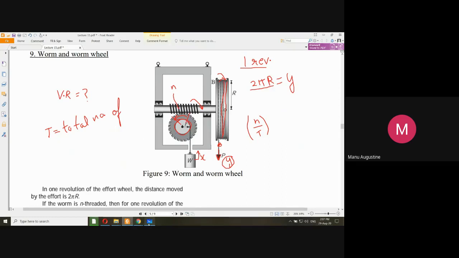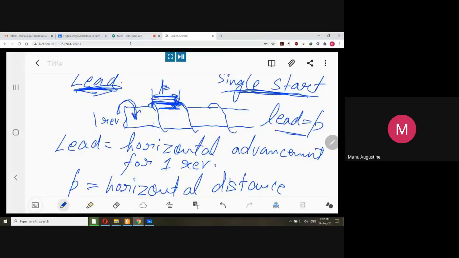Okay, I will just try to show you a small image of how it is attached. This is how it is attached.